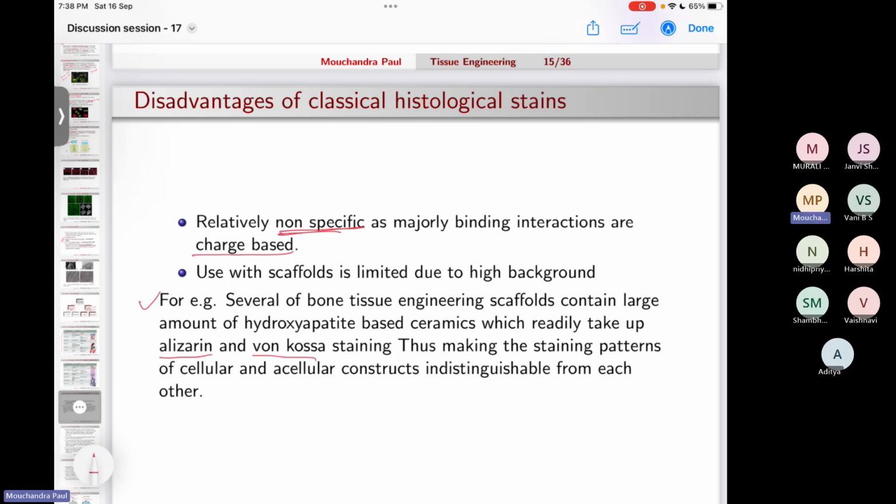So when you use this kind of staining for this kind of scaffold, it puzzles the experimentalist because he or she cannot distinguish very clearly the cellular and the acellular constructs. Okay, so the example that I just gave before this is similar to what is written here.